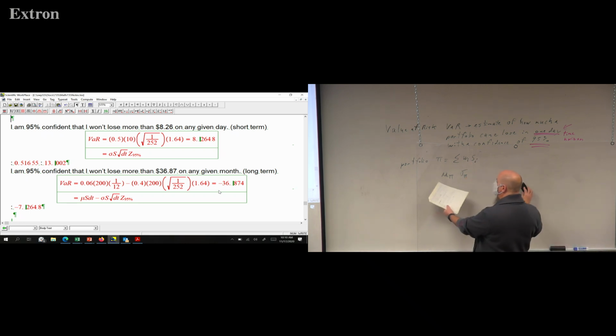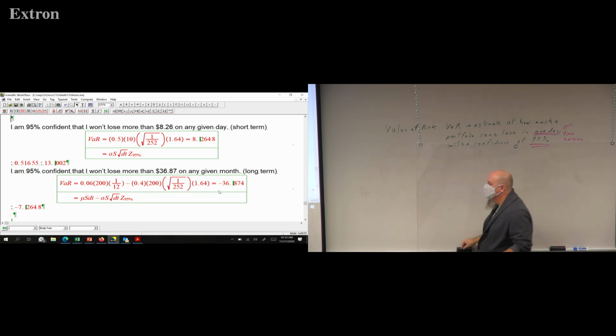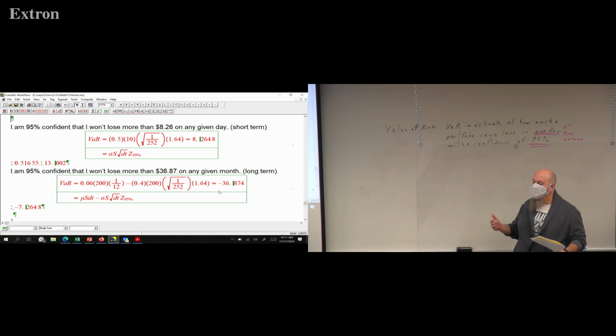So if I think about this for a portfolio, now I'm happy with giving a value at risk calculation for a portfolio. And I do it with the data that I would have used to optimize the portfolio. So my client, I can say, this is the mix of portfolio that you should have. I tell them the W's.